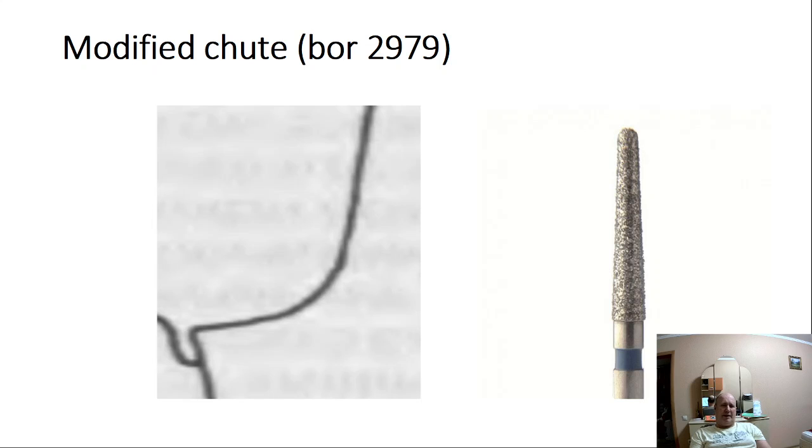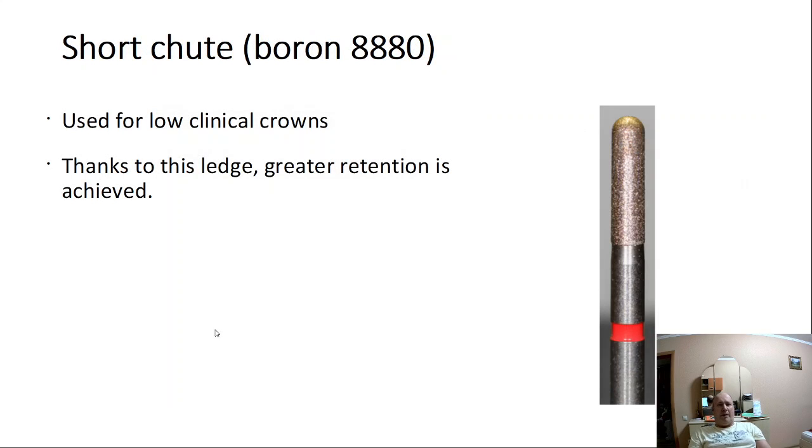Modified. Here you can see a bur used for low clinical trials. Understand? This working part is not very long, and this bur is shorter than all the others. Thanks to this ledge, greater retention is achieved.